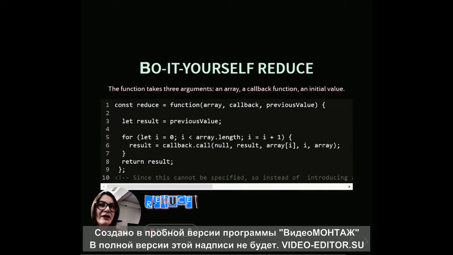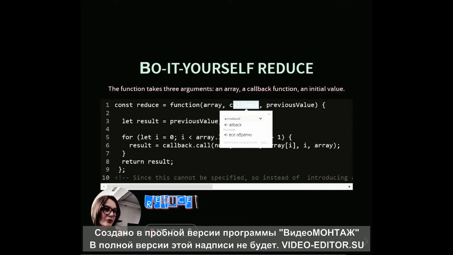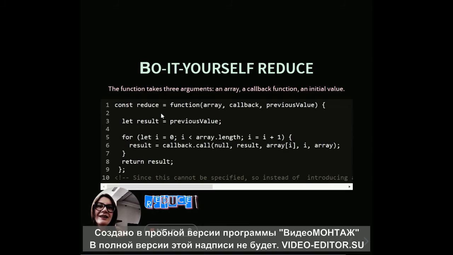And now let's try to write reduce ourselves. This is a popular interview question. Our reduce function will take three arguments: array, callback function, and initial value. The variable result will accumulate the values that will be processed when the callback function is called.